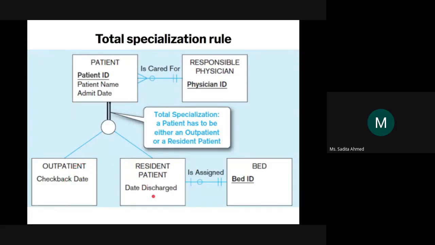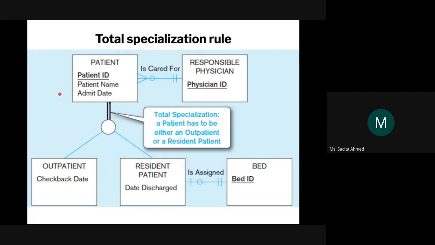Simultaneously, whether a patient instance can be both an outpatient and a resident patient or not, এটা নিয়ে total specialization rule কোনো কিছুই বলে না। The disjoint rule addresses that. We haven't addressed that here at all. Disjointness constraint কোনো কিছুই আমরা এখানে specify করিনি because we hadn't talked about that concept yet.